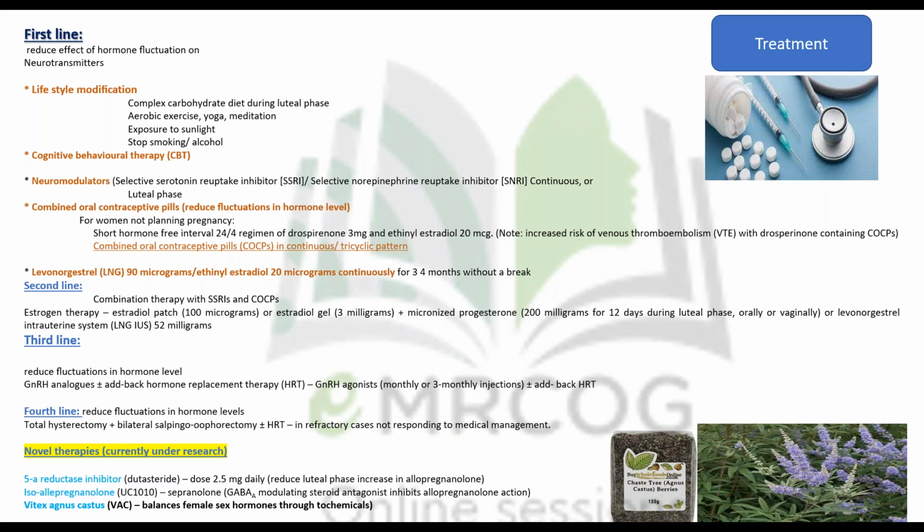This is not a second line, or some patients, when they don't like to use the hormonal management or the hormonal approach, have a good response to the SNRI. Also, they have found that it reduces the body sensitivity to the progesterone. So it's very, very effective in tackling the problem of the PMDD.